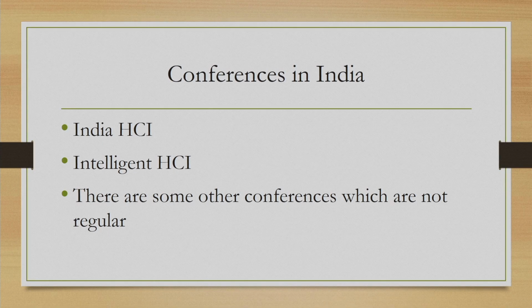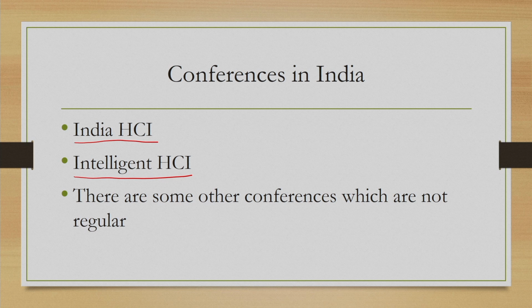In India also we have a few conferences that cater to Indian as well as global audience, which are international in nature. Two are very regular. It happens every year or almost every year. One is India HCI, the other one is Intelligent HCI, where HCI stands for Human Computer Interaction.